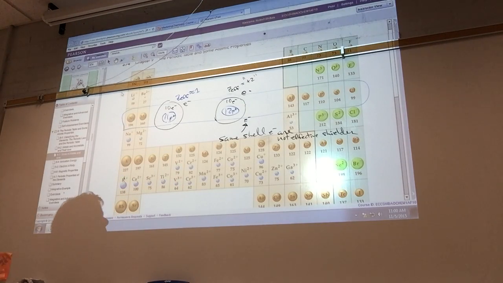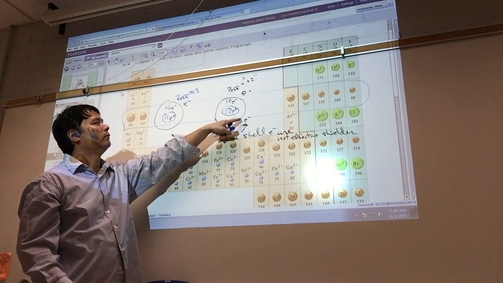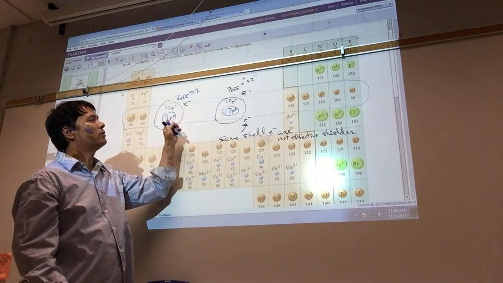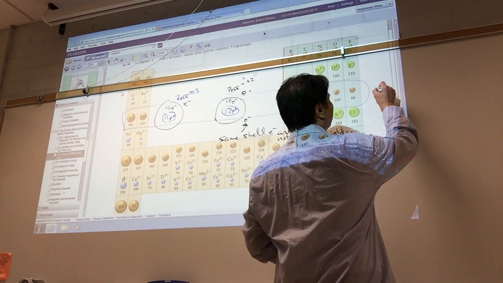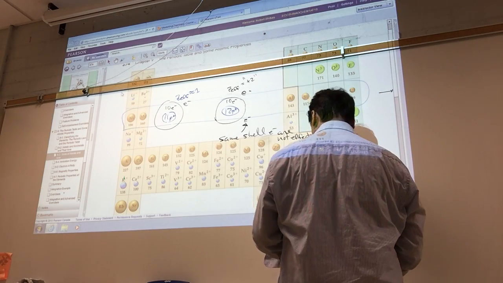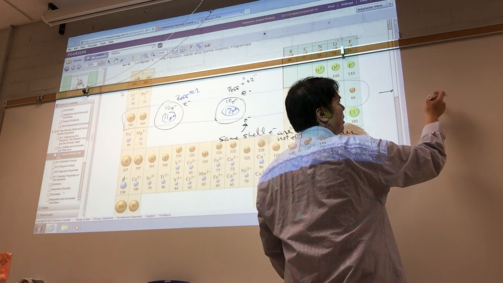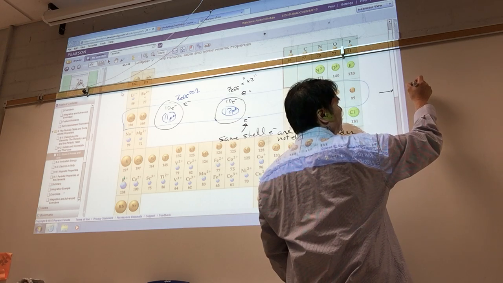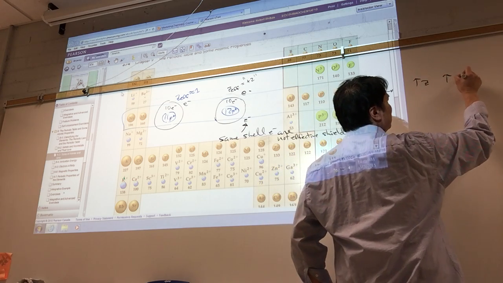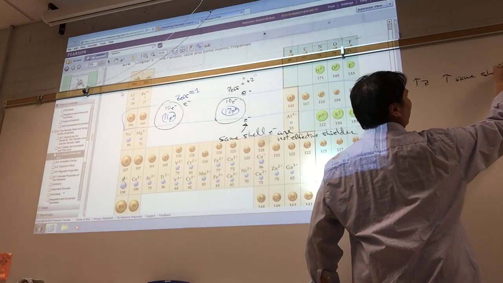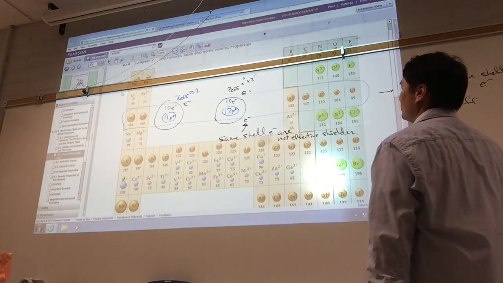But anyway, the point is that as we go across the period, we're adding a proton and a same shell electron. So each step we take going across, we add a proton and a same shell electron. And so increasing Z with increasing same shell electrons means Z effective increases as we go across the periodic table.